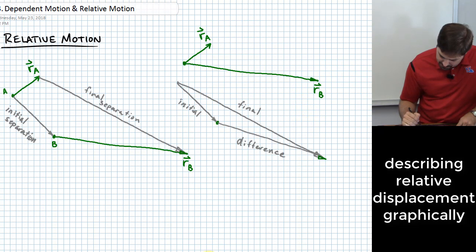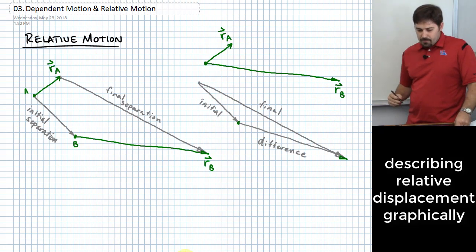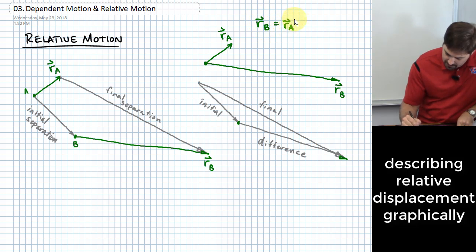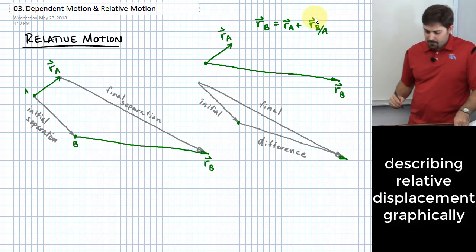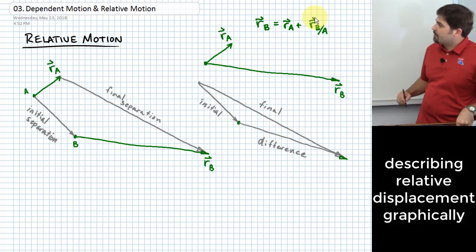One of the things that your book has in it is a formula that says the displacement of B, R sub B, is equal to R sub A plus R of B relative to A. So what would that look like in terms of the drawing of these vectors?